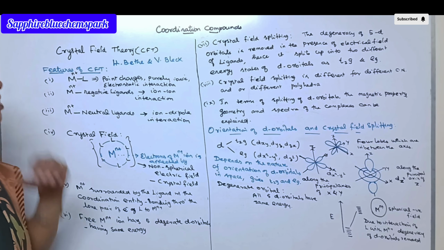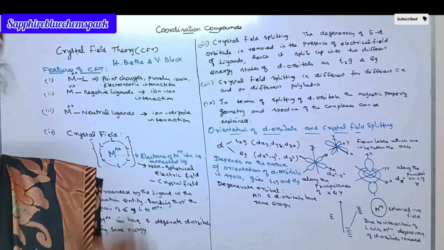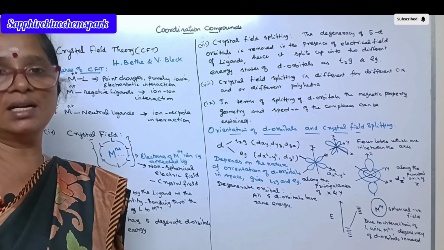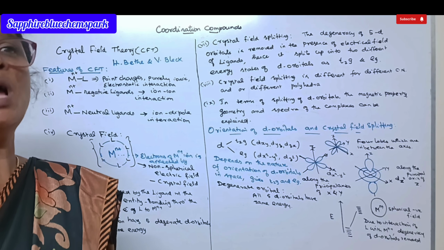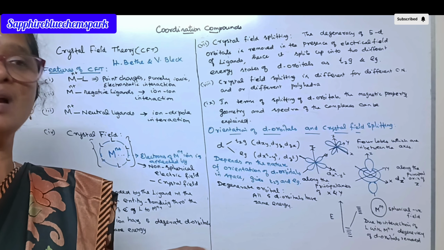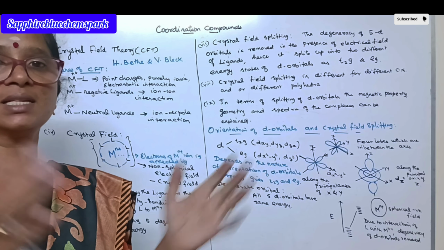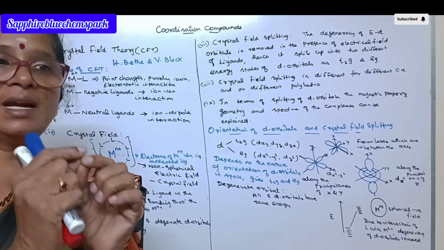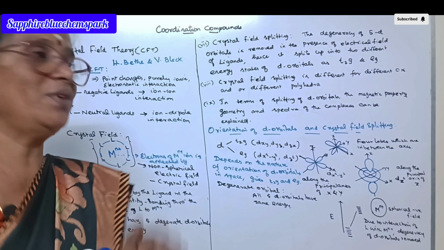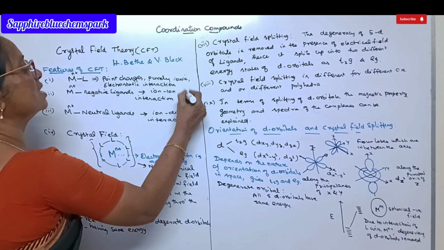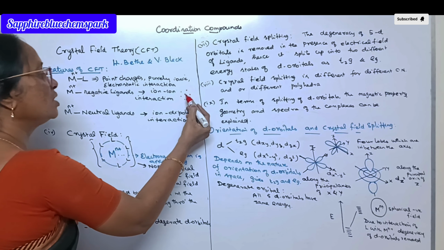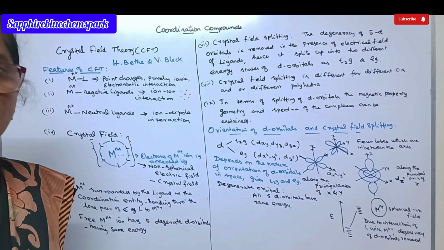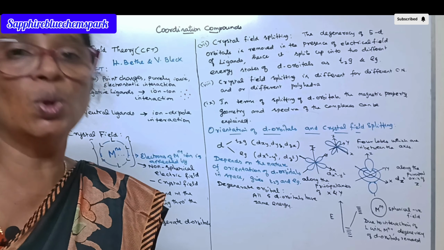So in crystal field theory, the metal ion and the ligands are considered as point charges. Point charges means we are not supposed to consider their sizes and all. We are taking them as point charges. The metal ion is the point about which the ligands are present. So both metal as well as ligands are taken as point charges alone.